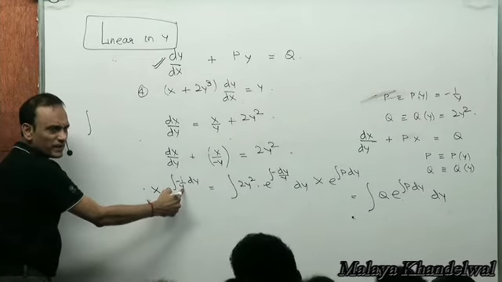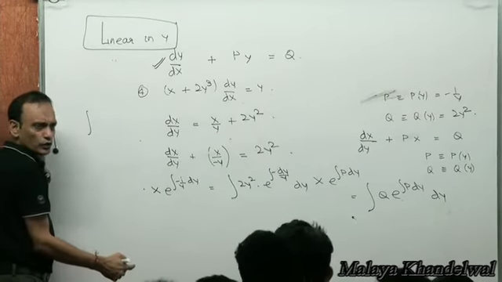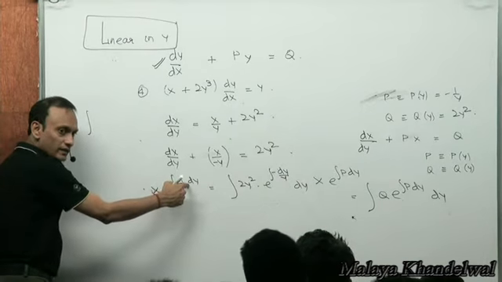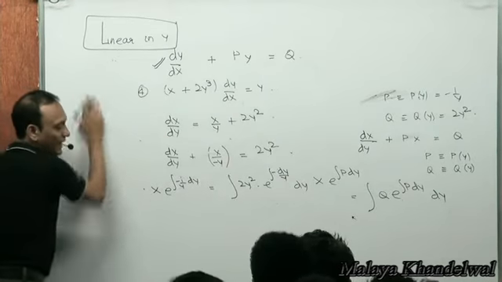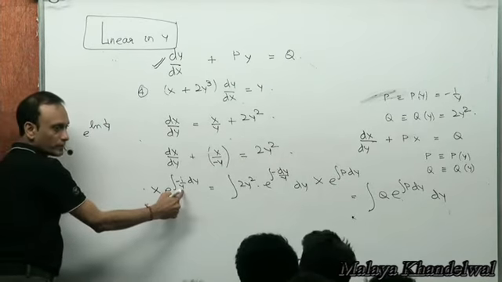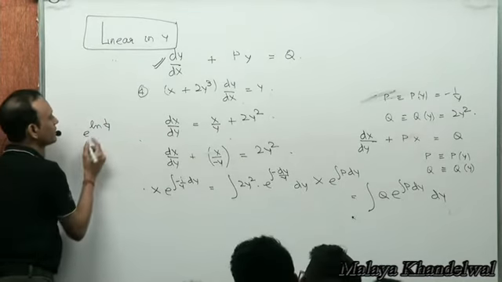Integral minus 1 by y dy is what? It is minus log y, which is log of 1 by y. So I have e power log 1 by y, which is 1 by y.